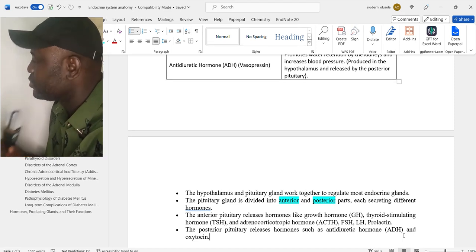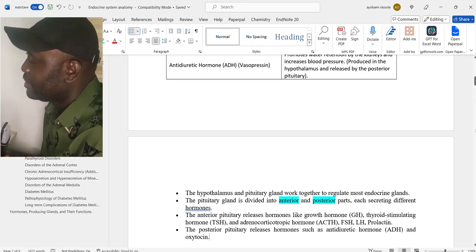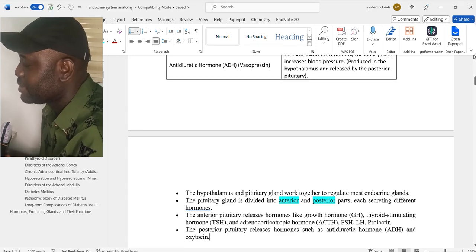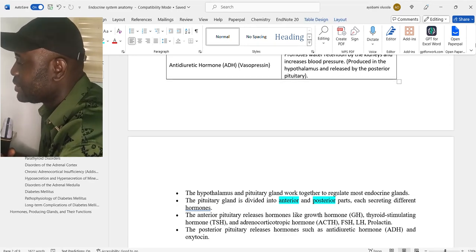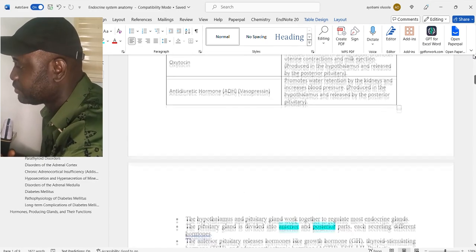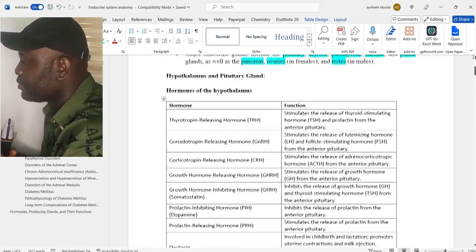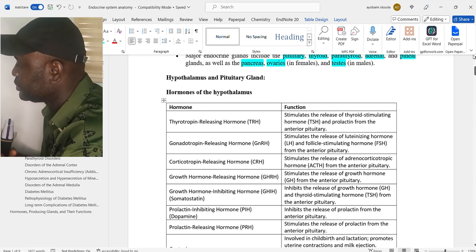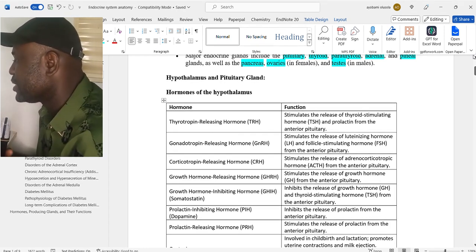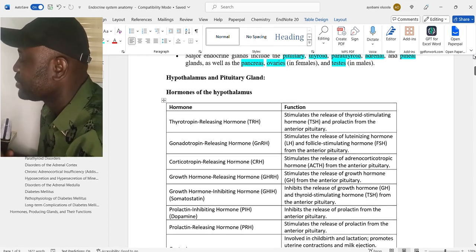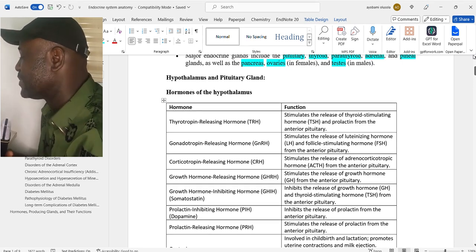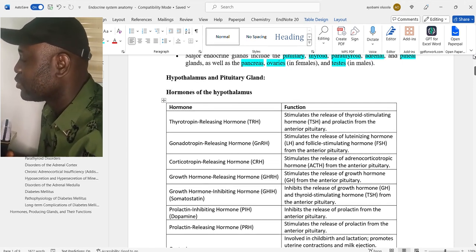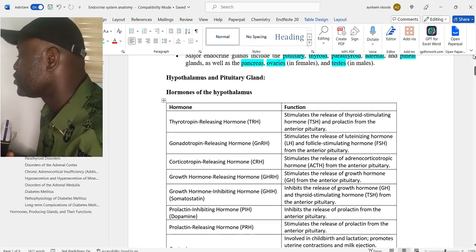You see, these hormones, their release is controlled by the releasing hormones that the hypothalamus produces. So if we go back up, you'd see that for TSH, the hypothalamus produces thyrotropin releasing hormone, and this stimulates the anterior pituitary to produce thyroid stimulating hormone and also prolactin.